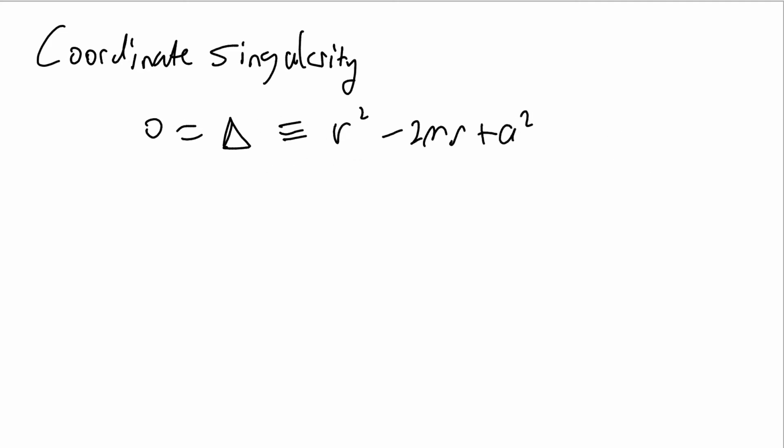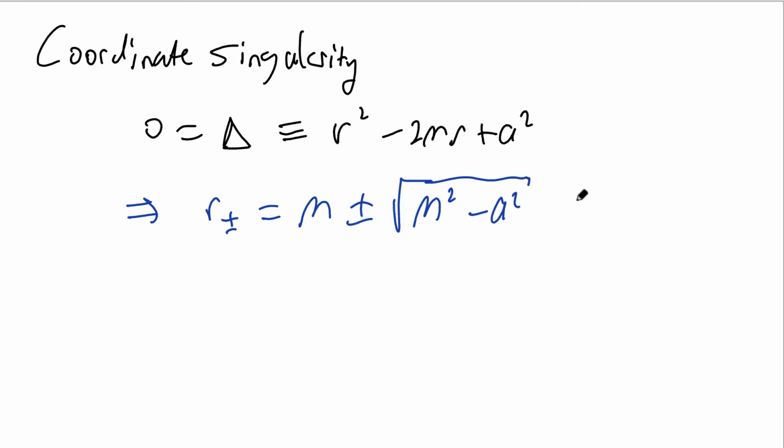If we solve this equation, we find there are two roots. They are m plus or minus the square root of m squared minus a squared. So there are actually two black hole horizons, an inner horizon and an outer horizon. And I've labeled those two horizons as r plus and r minus.